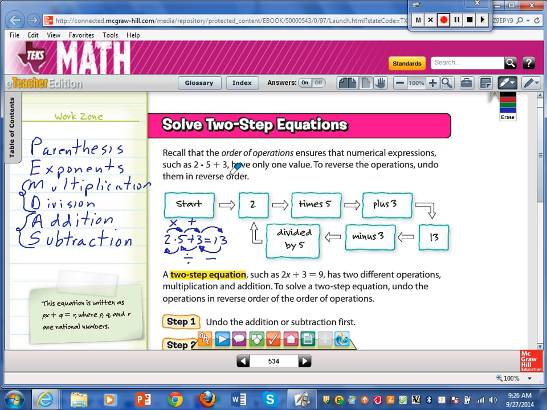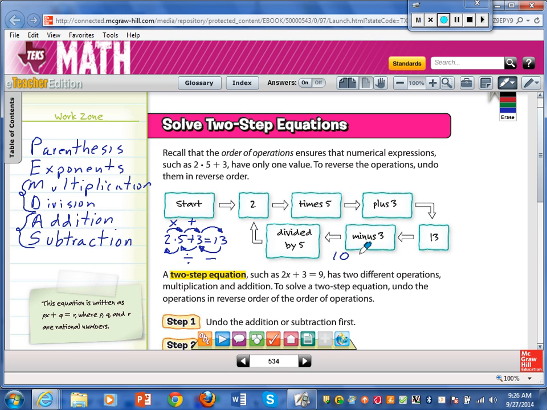For example, in this diagram, you start with 2 and multiply times 5. Then you add 3 to get 13. In order to go backwards, you have to undo the operations in reverse order. The last thing you did was add 3, so now you subtract 3. That puts you back at 10.